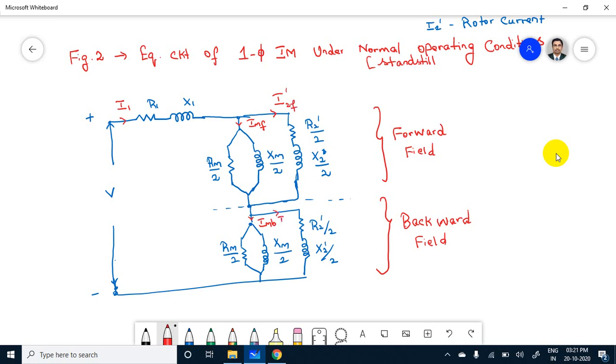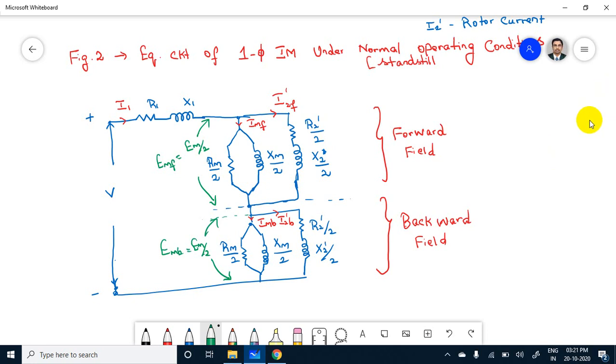Here also I2 dash backward. Okay, and the EMF produced here, the notation EMF equal to total EM divided by 2. Okay, like that. Here also EMB equal to EM by 2.